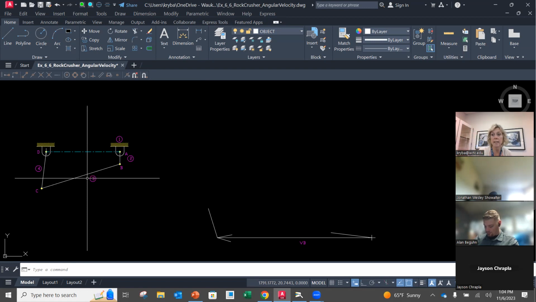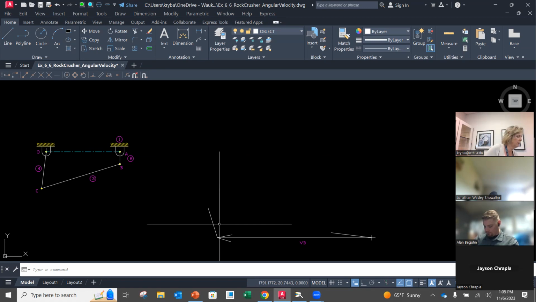Okay. Now I need to find the point of intersection. We already kind of sketched it out. We know it's going to be right around in here, right? So one of the functions that you have in AutoCAD is the fillet function. Coming in as a default into AutoCAD, your fillet function will have its radius set at 0, so it'll make a sharp corner and it'll trim things off.